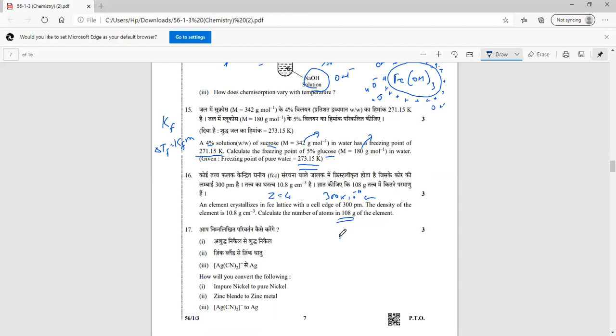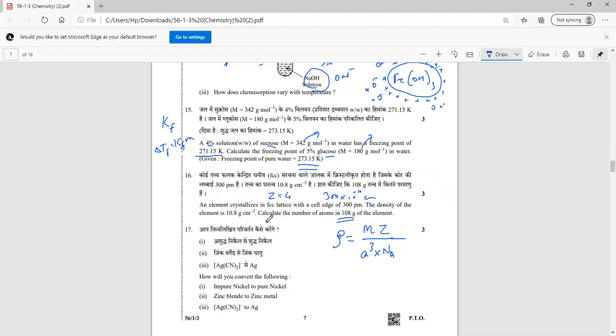So we know the density of any unit cell is equal to its molar mass multiplied by its atomic number divided by the volume, then divided by the Avogadro number. And since edge length is taken in terms of centimeters, necessary changes have to be done in terms of unit.